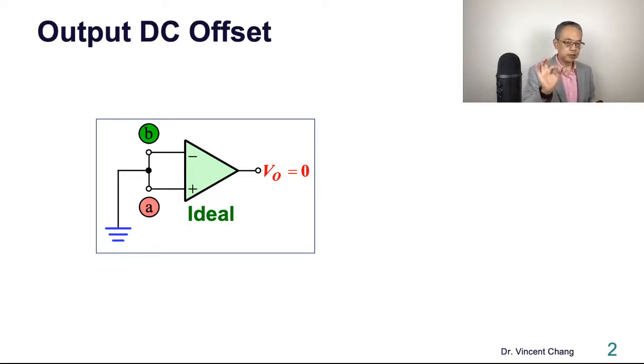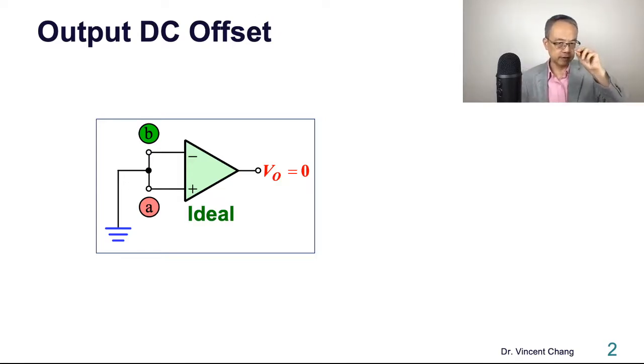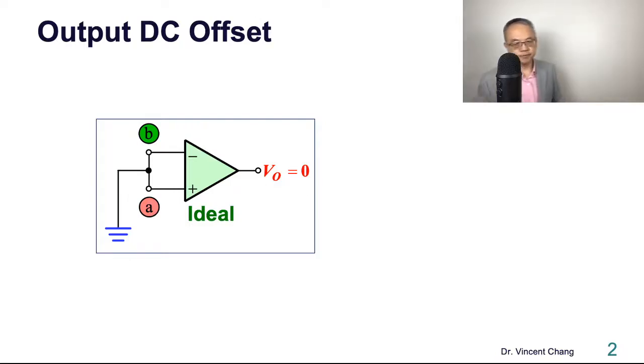Again, if both inputs are connected to the DC ground, the common zero voltage point of the two power supplies, then the output will be zero. This is the ideal case.